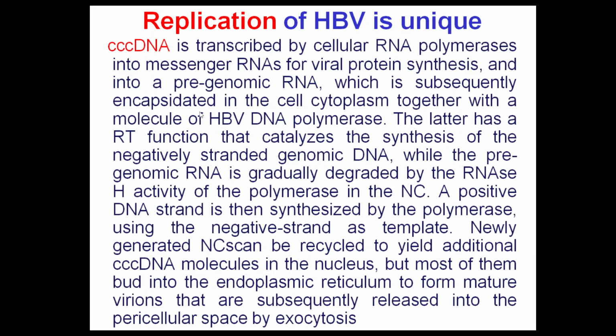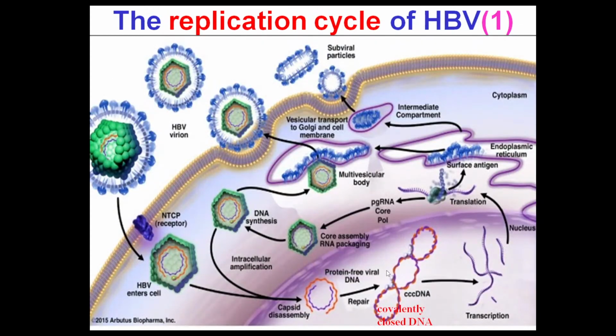So then they will be encapsulated into the cytoplasm together with the molecule of hepatitis B DNA polymerase. The latter has a reverse transcriptase function that catalyzes the synthesis of the negatively stranded genomic RNA. That's what we can see here.